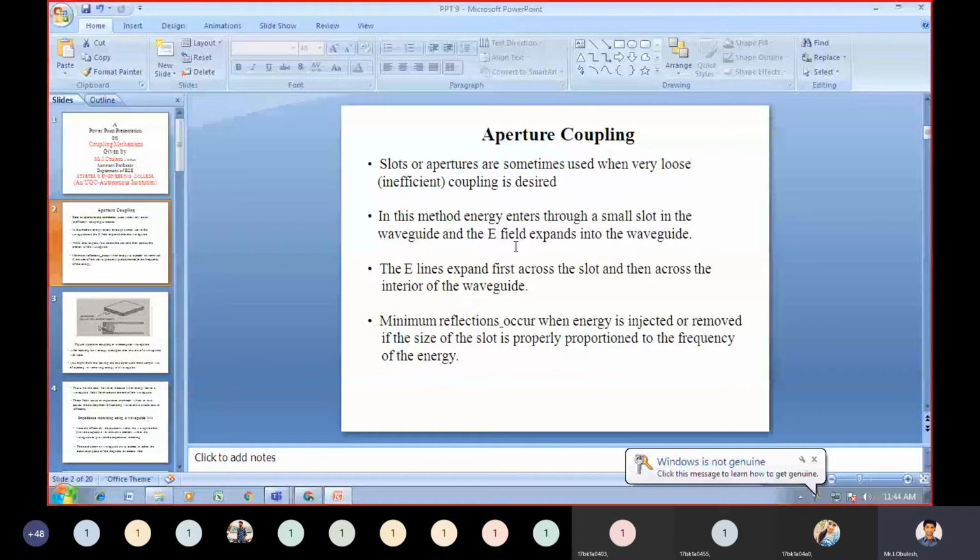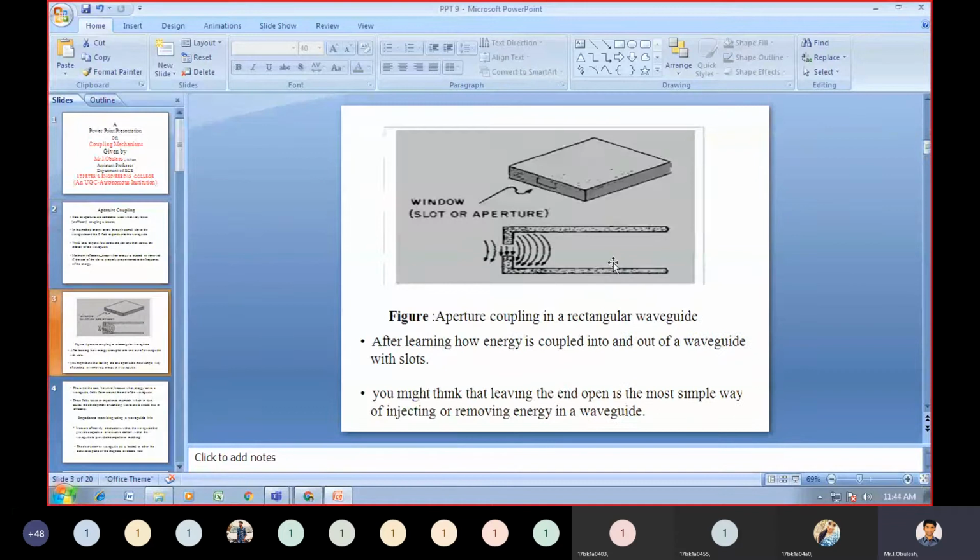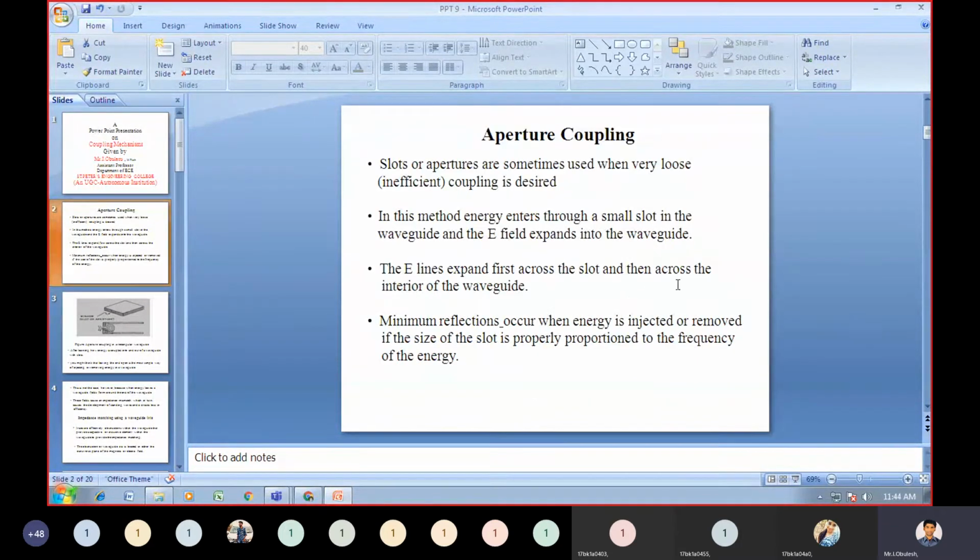and the electric field lines expand first across the slot, and then across the interior of the waveguide. First across the slot, then across the interior of the waveguide.